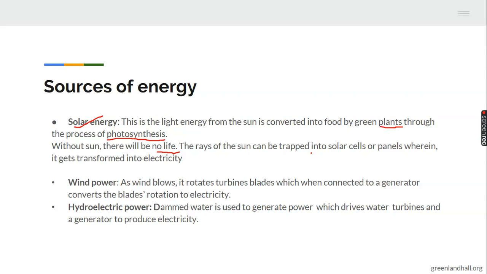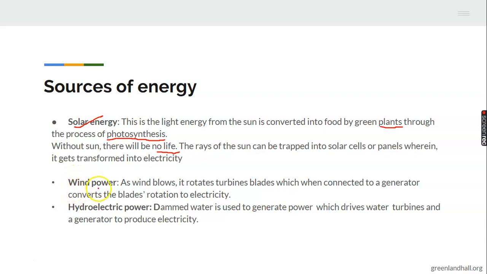So when the rays of the sun are trapped into the solar panel, they can be transformed into electricity, whereby you can use it to light your entire house, run machines, and do a lot of things.